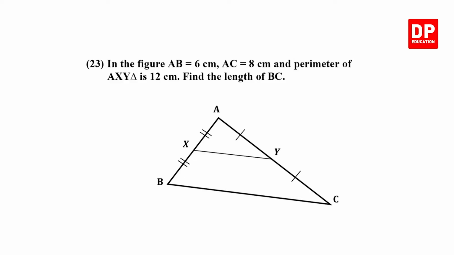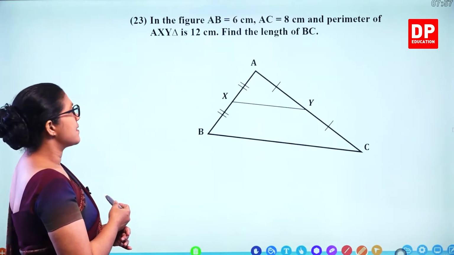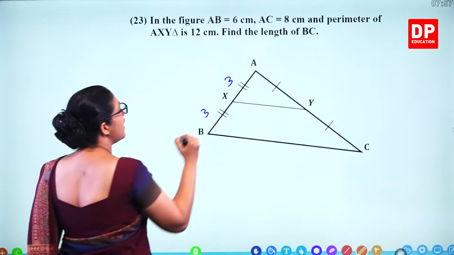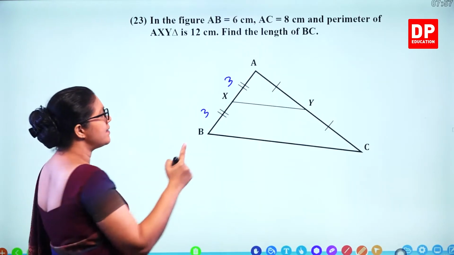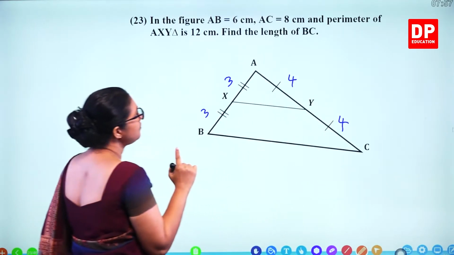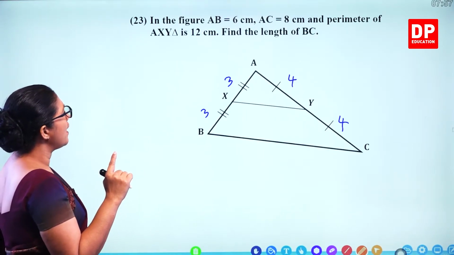Question number 23. In the figure AB is 6, but it says this is the midpoint, so this is 3 and 3. AC is 8. Again, Y is the midpoint, so this is 4 and 4. And the perimeter of triangle AXY is 12.